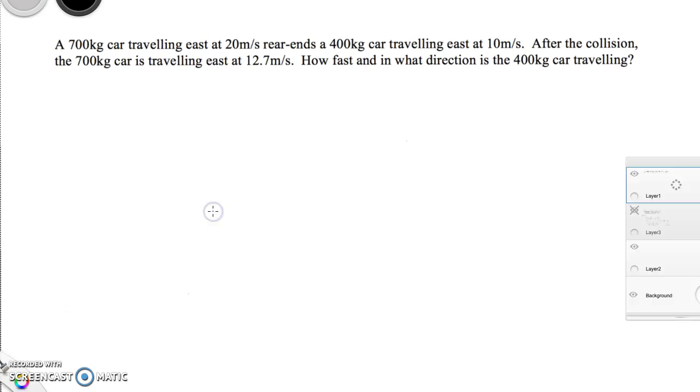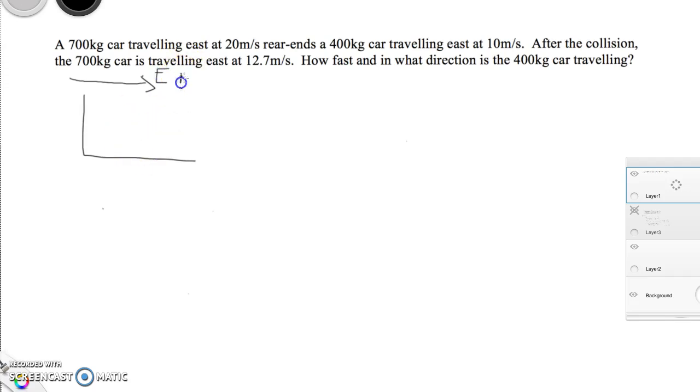We're going to look at a second example in which two cars are colliding. If you want to take a second and read through it beforehand, you're welcome to, but I'm going to go ahead and start diagramming it. We have a 700 kilogram car. Let's say east is positive.